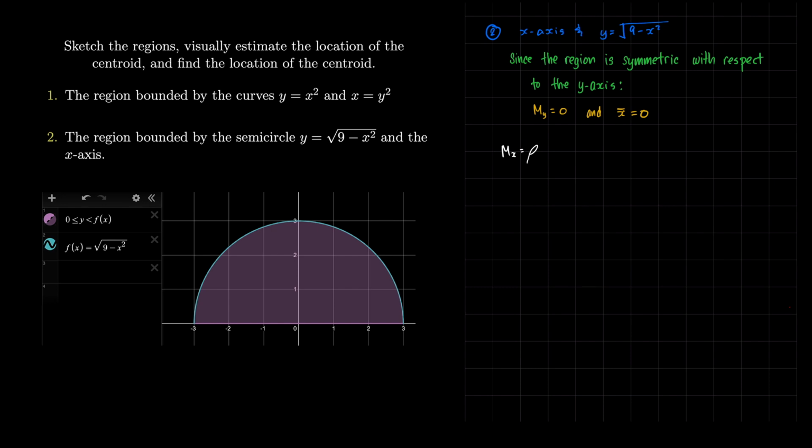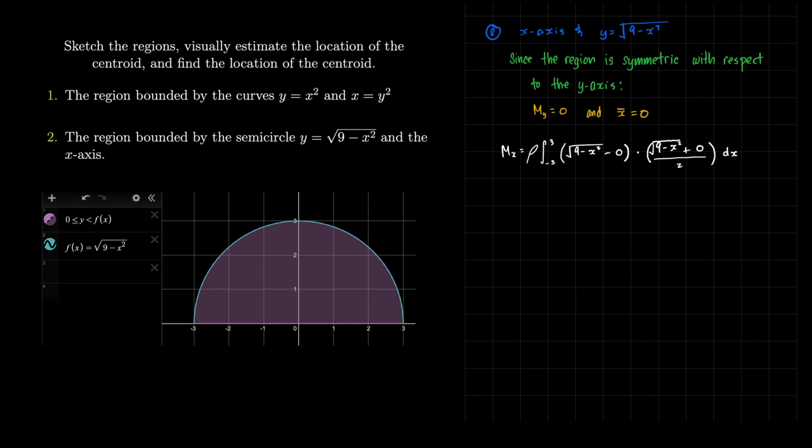Hanapin na lang natin yung moment of mass with respect sa x-axis. This is given by rho times the definite integral from -3 to +3 of the upper function, which is the square root of 9 minus x squared, minus the lower function, pero the lower function is just y equals 0.